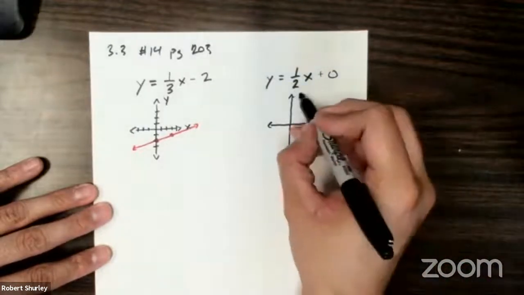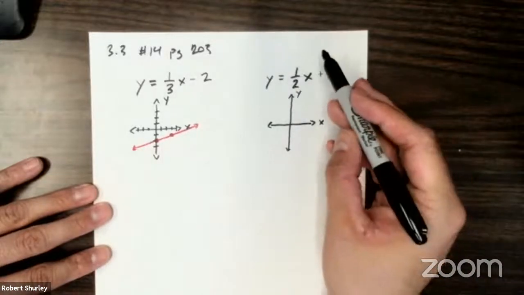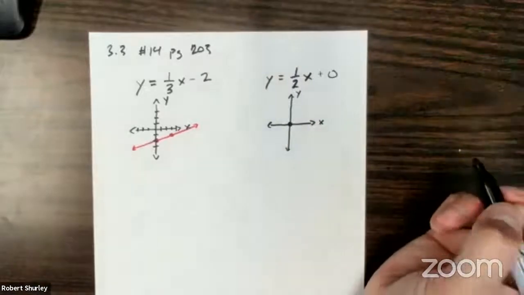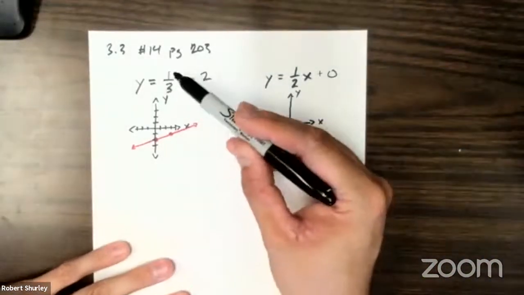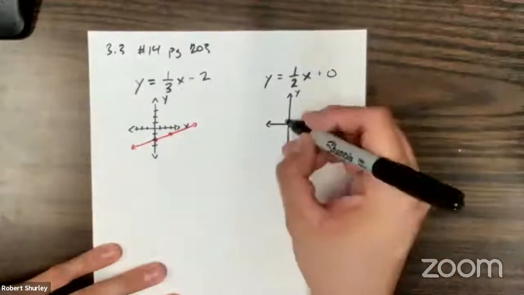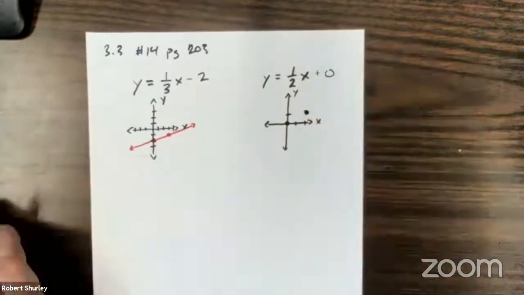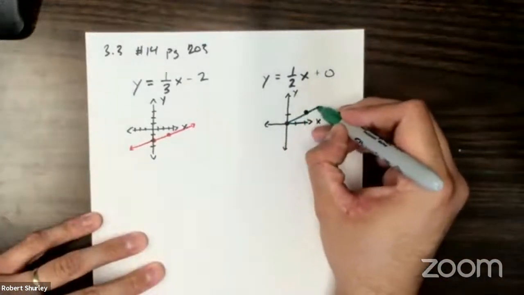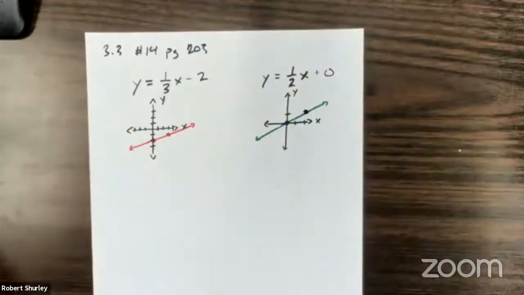So we've got x, we've got y, and we know that to start the graph, the line has to go through the origin. And then we know the slope is 1/2. So just like before how we went up 1 over 3, now we're going to go up 1 and then over 2. And we're going to have our other point. Let's do this one in green because I can. No one's stopping me.